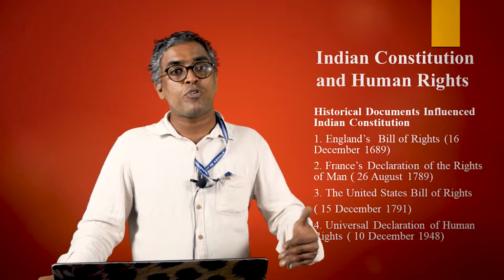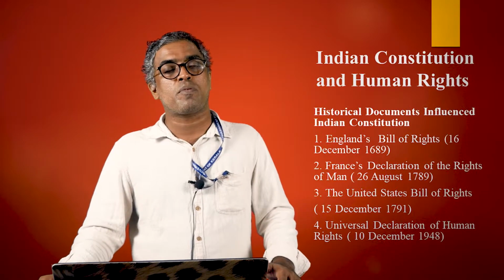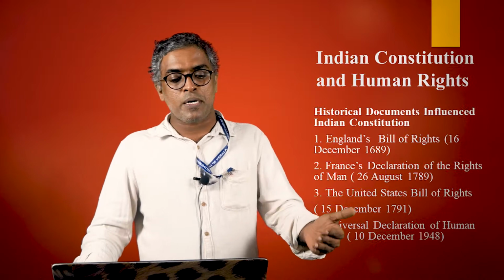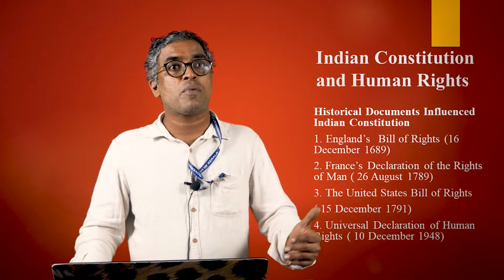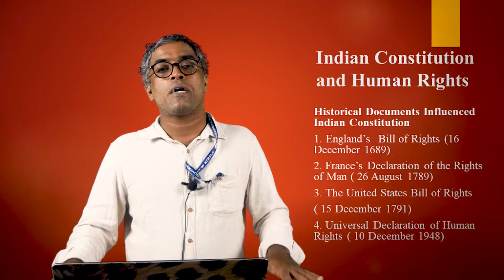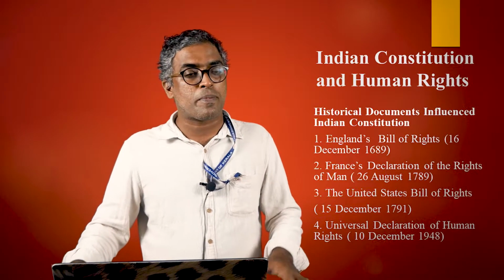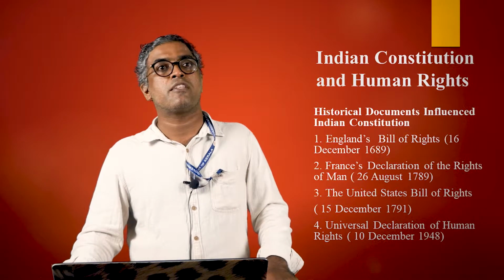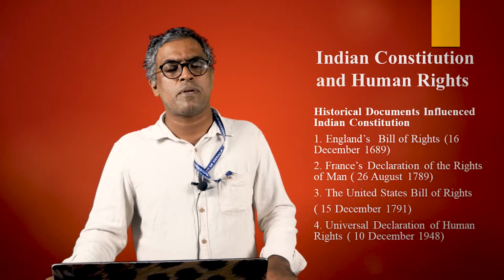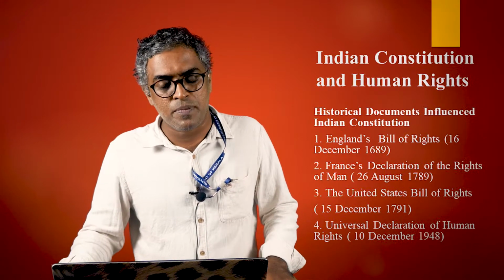The US had just gained independence from the British. The Bill of Rights, which came into effect on 15 December 1791, also had a significant influence on the formation of fundamental rights in the Indian Constitution.